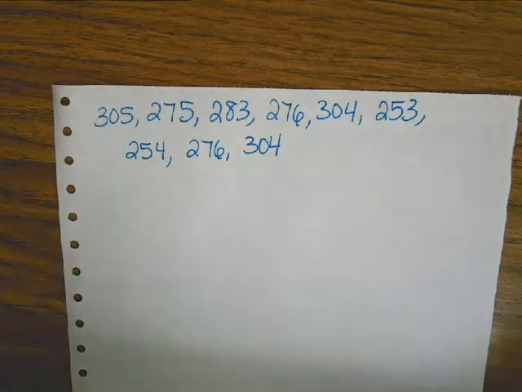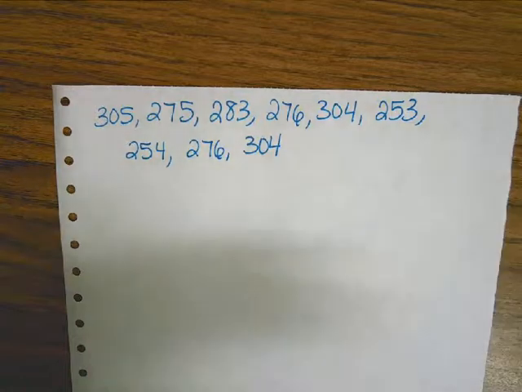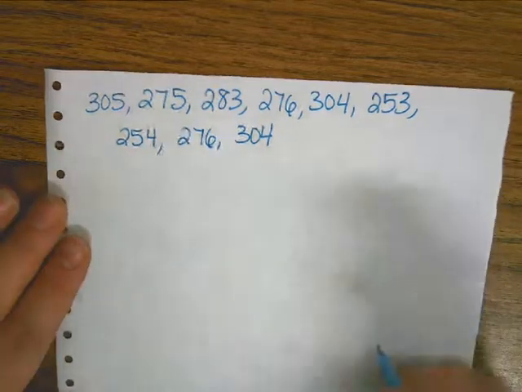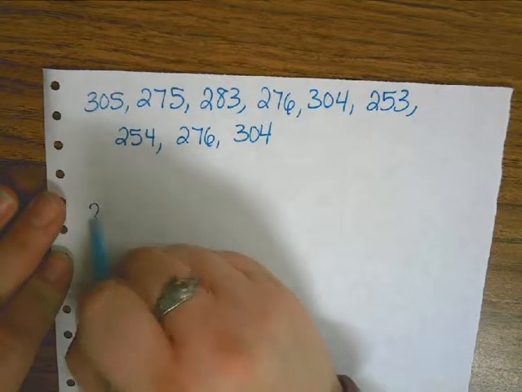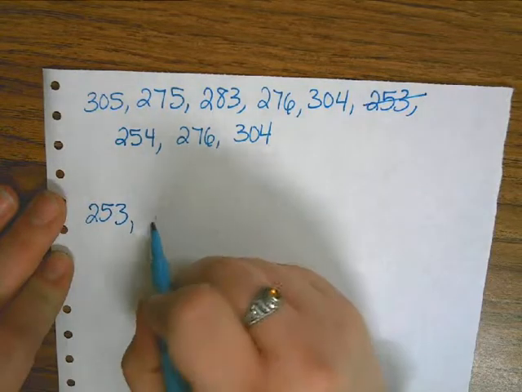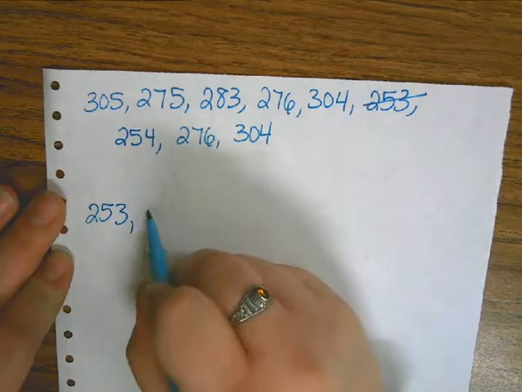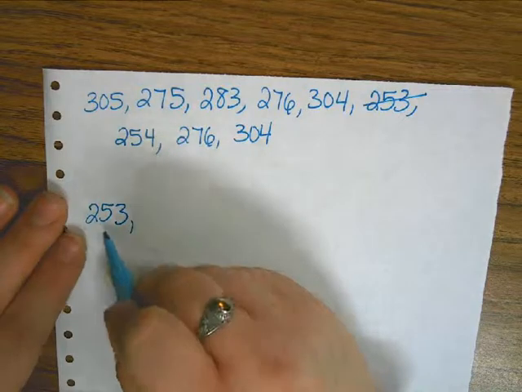Okay, first thing, what did I do last time after I had all my numbers written down? Least to greatest. So what's my smallest number? 253. Then what? 254.